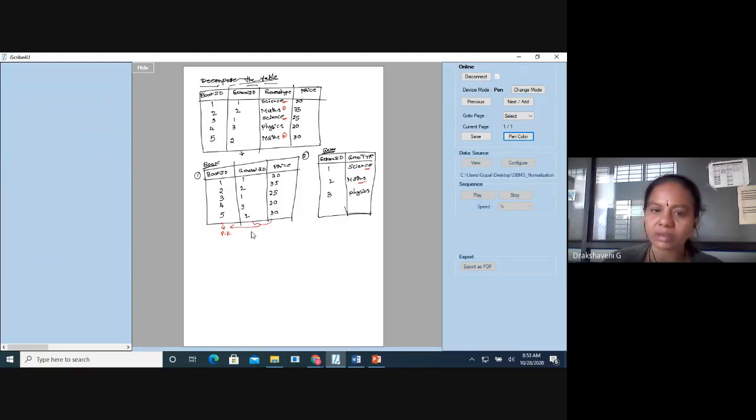In the same way, in this table, this is a primary key and this is dependent on this. Then we can say completely dependent, and there is no transitivity here. So what was the condition? All non-key attributes of a table must be functionally dependent on the candidate key. That's what we have seen in yesterday's class.